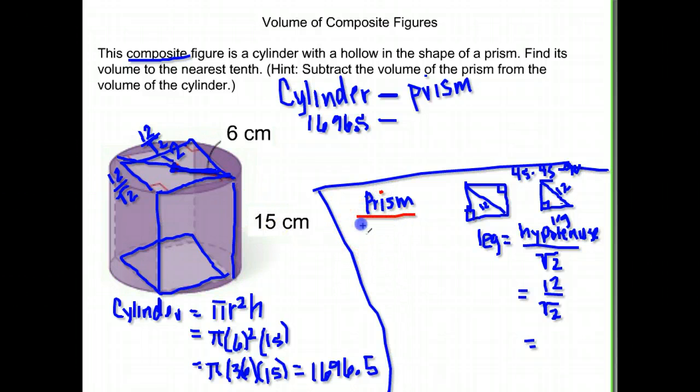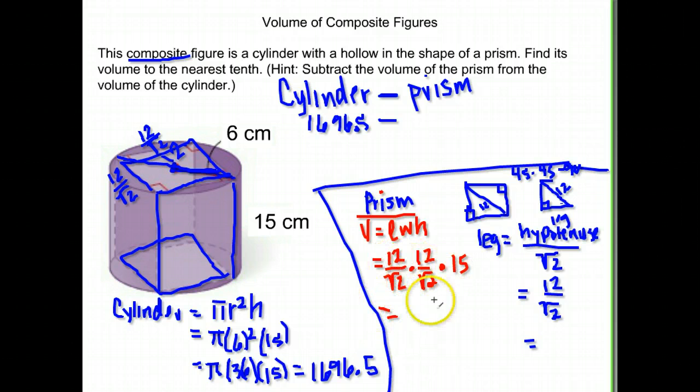It's a rectangular prism, so its volume is length times width times height. Our length and our width are both 12 over the square root of 2. So we're taking 12 over the square root of 2 times 12 over the square root of 2 times our height of 15. Now when we multiply here, 12 times 12 gives me 144.